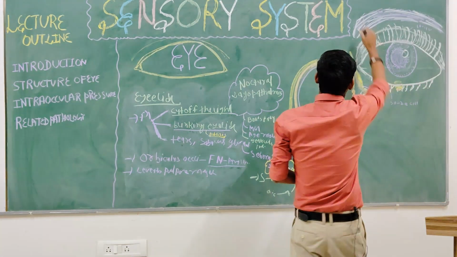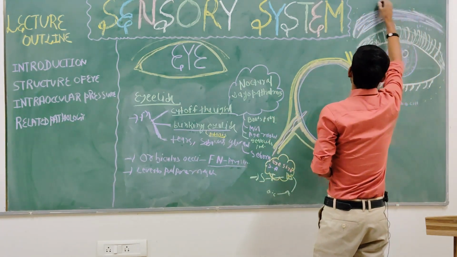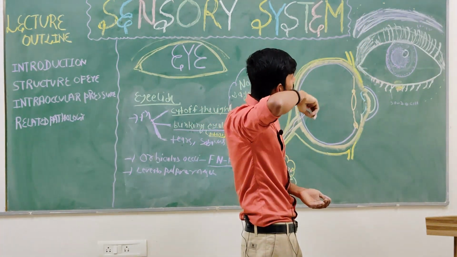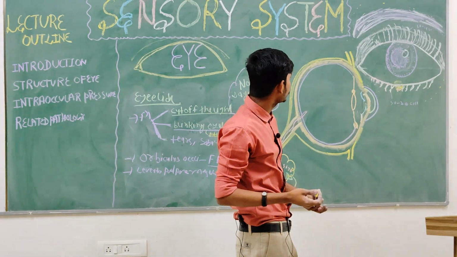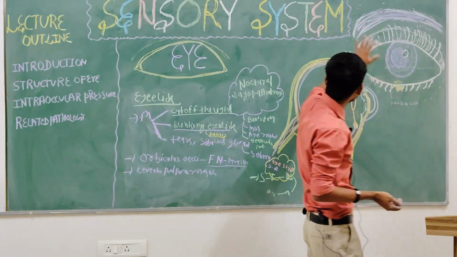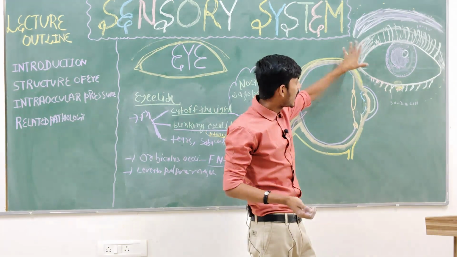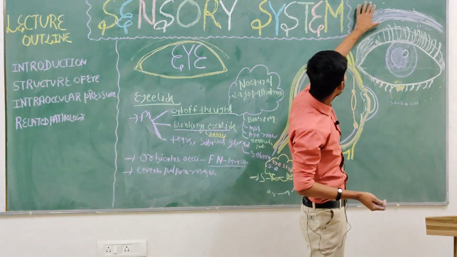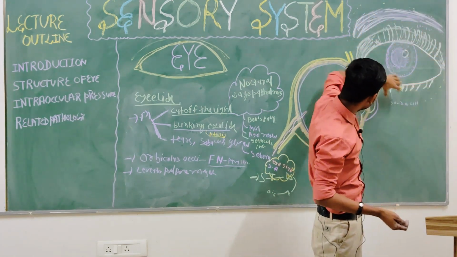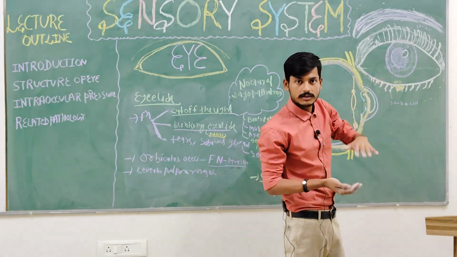In the eye socket, the eyeball is attached with the ocular muscles. Later in this lecture we will discuss the ocular muscles. For a while, just understand that the eyeball is intact in the eye cavity by the ocular muscles, and between the eyeball and this orbital cavity there is interposed adipose tissue, which provides the cushion to the eye.